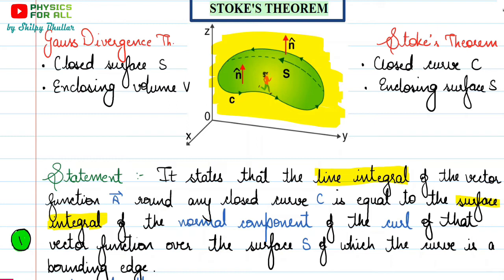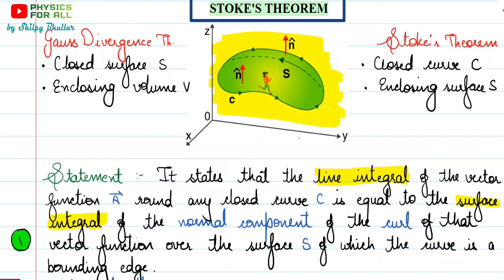You can see these are the two points of distinction between Gauss divergence theorem and Stokes' theorem. In Gauss divergence theorem, we consider some region in which the vector field is there, and then a closed surface S which encloses volume V, and then we divide that complete volume V into a large number of small volumes, and pick a particular volume and solve it. Whereas in Stokes' theorem, we consider a closed curve C. It's just a line, simply a track, as you can see from the arrows.